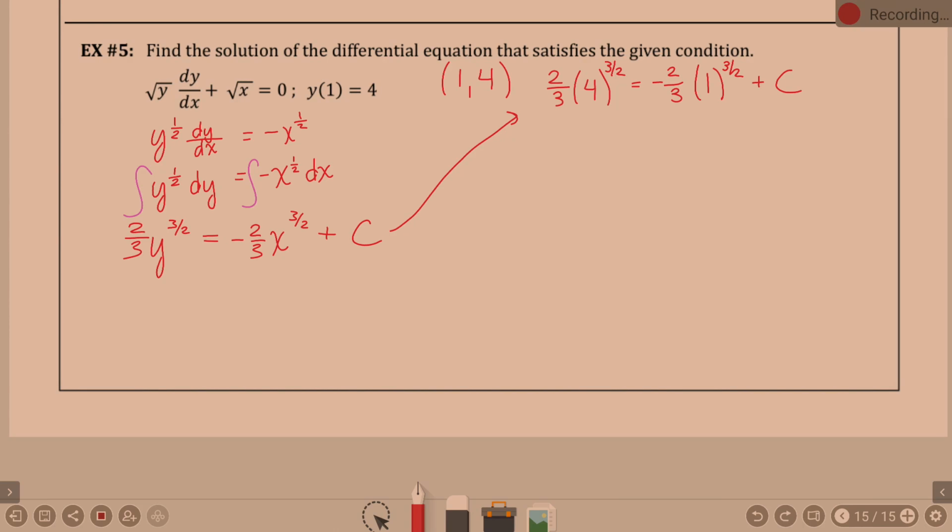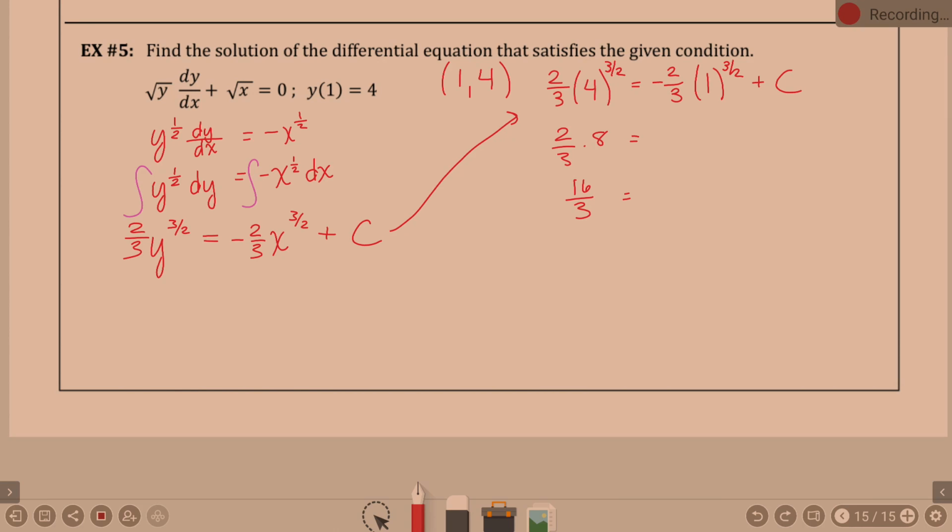So, can we do this without the calculator now? 4 to the 3 halves is the square root of 4 raised to the 3rd, 8. And so then you're doing 2/3 times 8, which is 16/3, right?